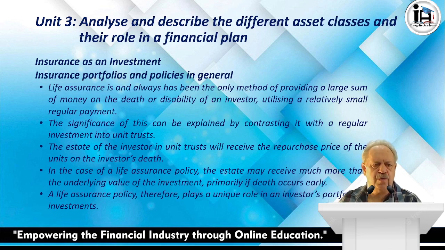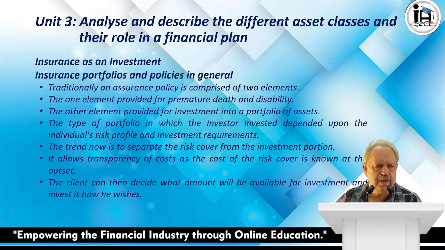In the case of a life assurance policy, the estate may receive much more than the underlying value of the investment, primarily if death occurs early. A life assurance policy therefore plays a unique role in an investor's portfolio of investments.